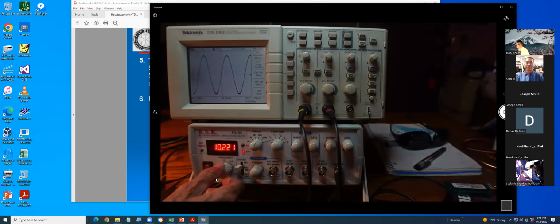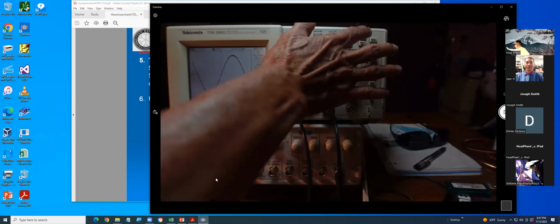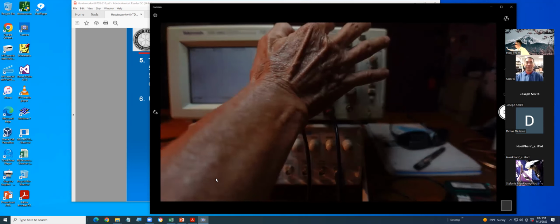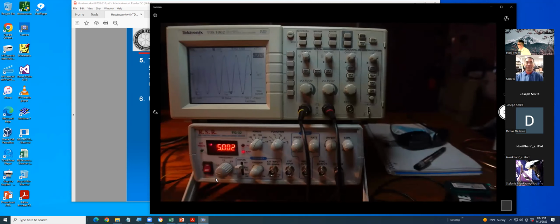Okay, going down to 5 kilohertz. Then you need to press auto set, measure. Okay.